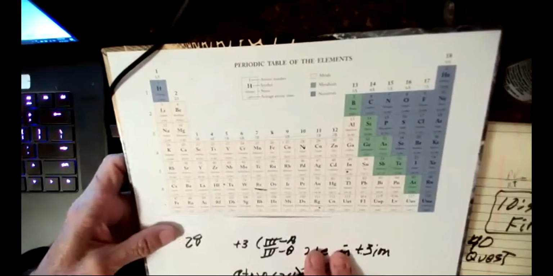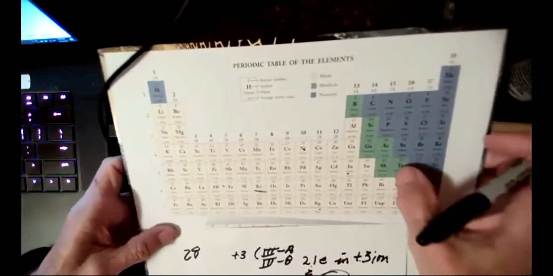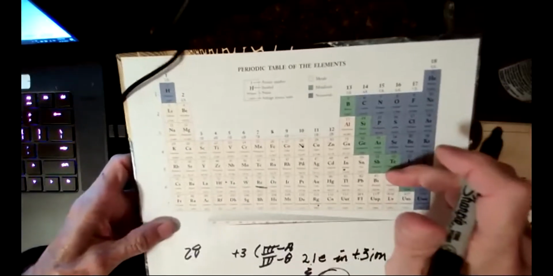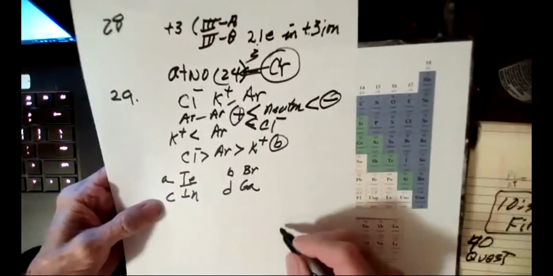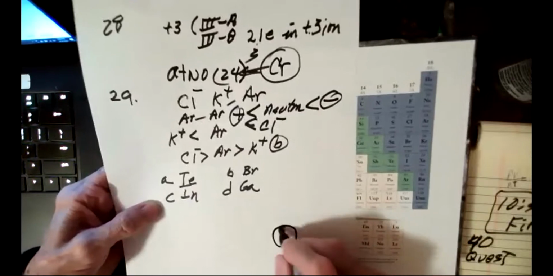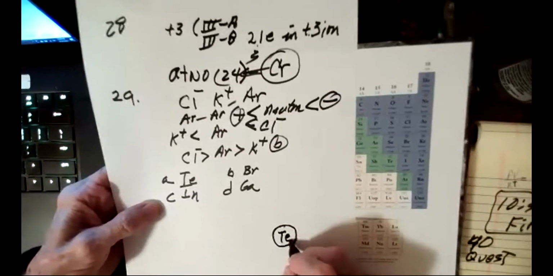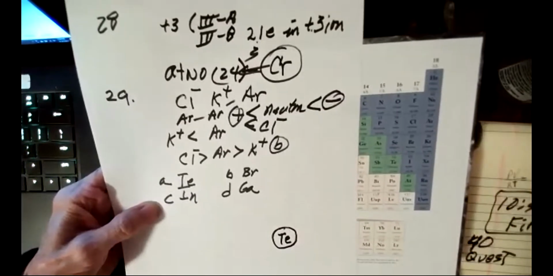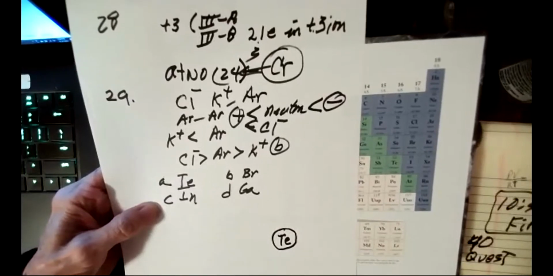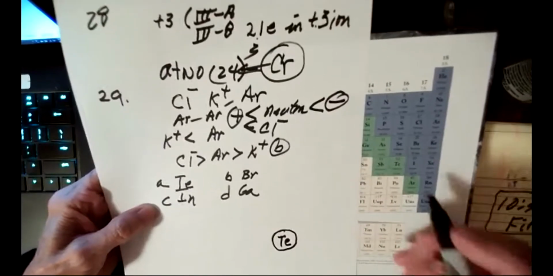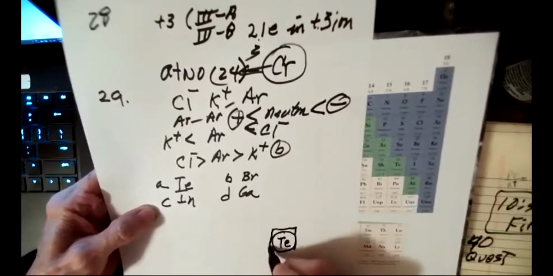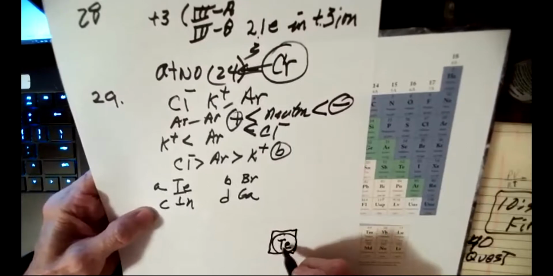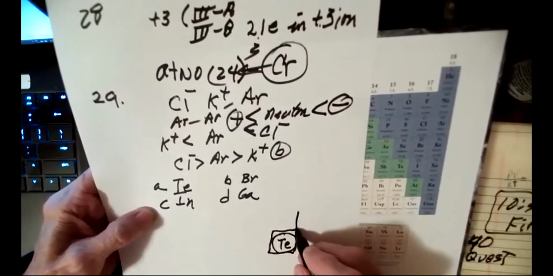We're looking at tellurium. Te is this element right here. So maybe I'll make a check. That's kind of a sketch on this chart. Let's say Te is going to be right there. Now, where is bromine relative to Te? Te is right there, and bromine is this element right here.